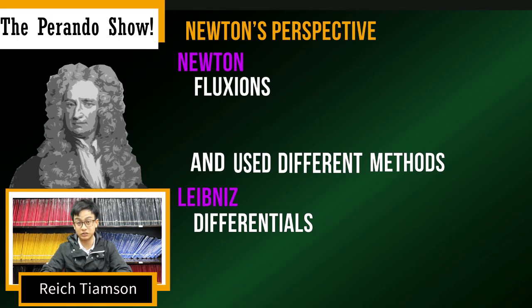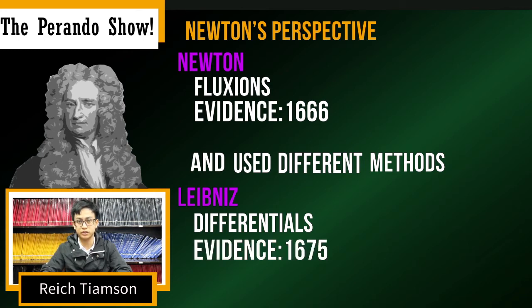Newton developed his fluxional notation in 1666, as can be proven by documents, whereas Leibniz's first documented use of differentials was in 1675. In addition, it had been proven that in the intervening period, the two of them had communicated about calculus and the development of it.